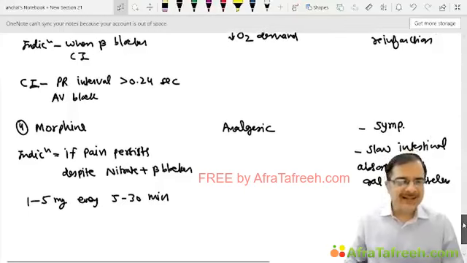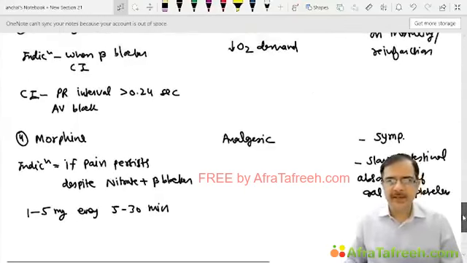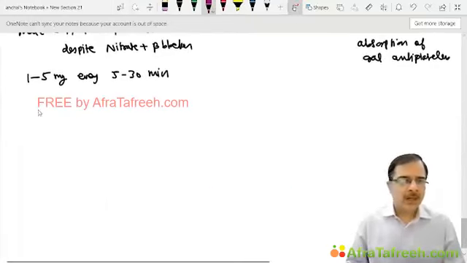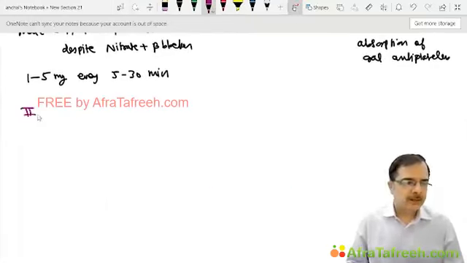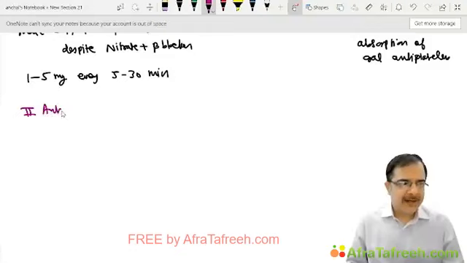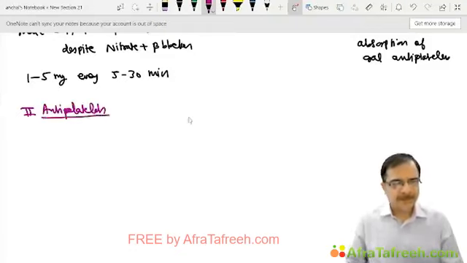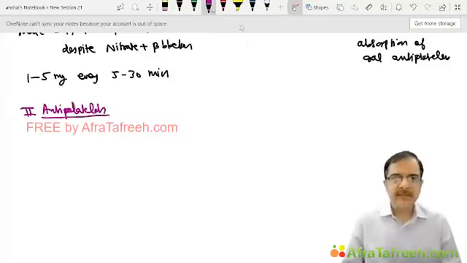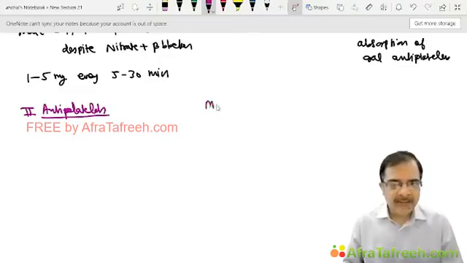Now come to the number two heading of the treatment, and that is antiplatelet treatment.